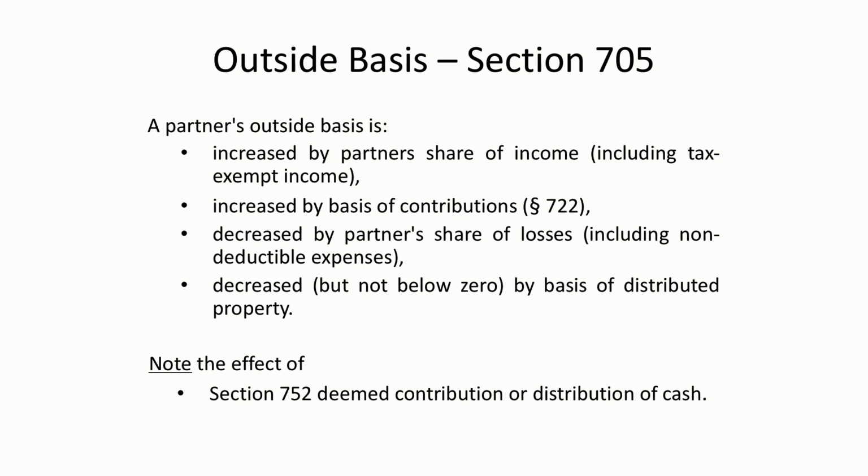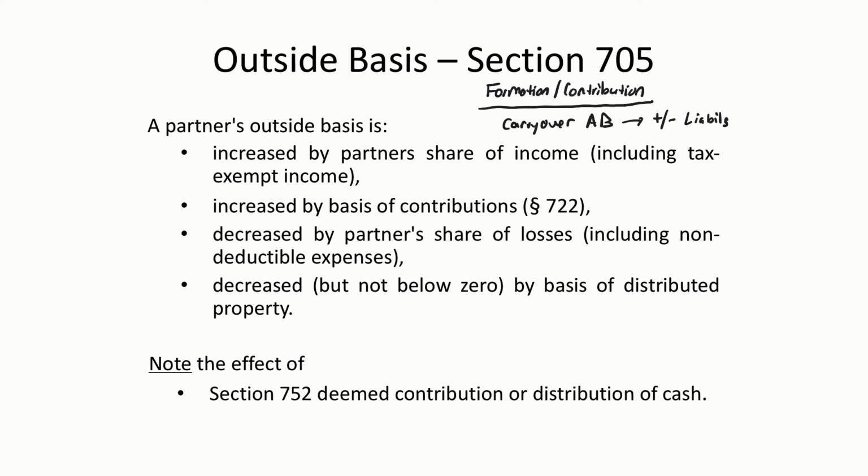We talked about on formation contribution, your starting point of basis, you carry over the adjusted basis. You also are going to increase or decrease for liabilities, either taken on or relief.